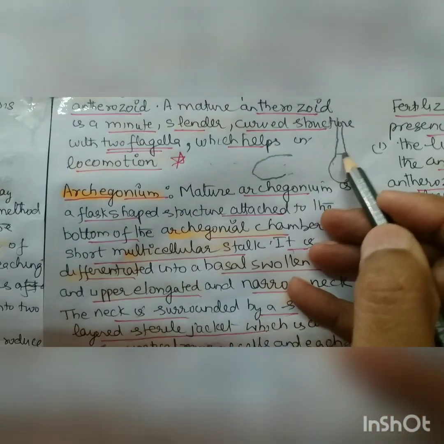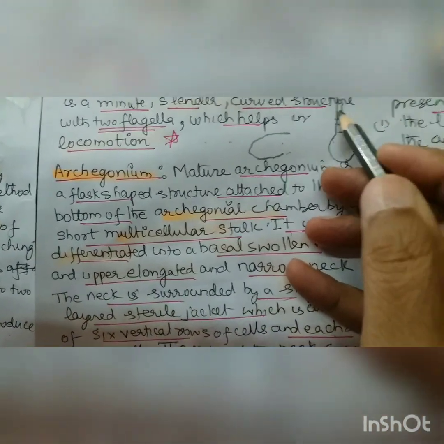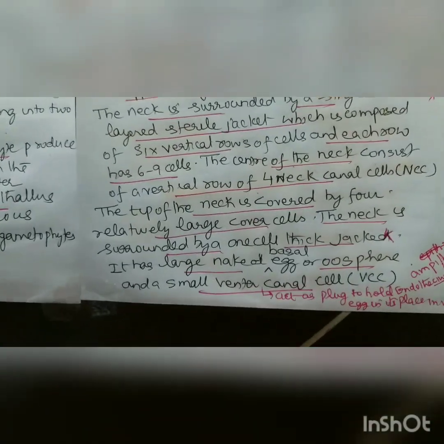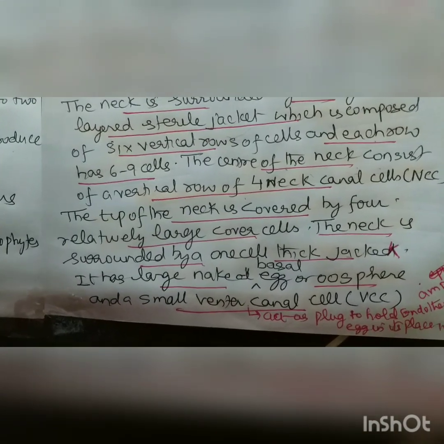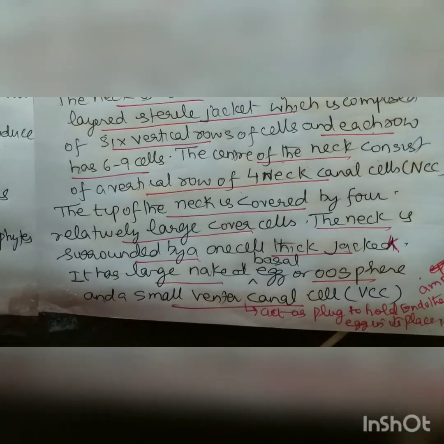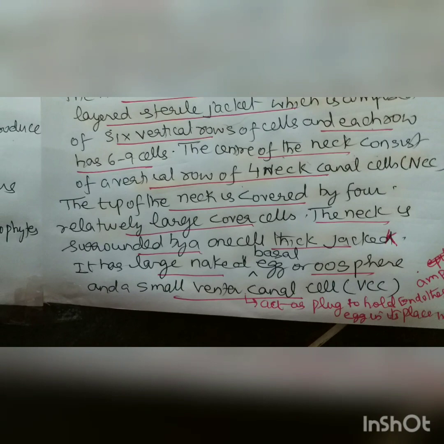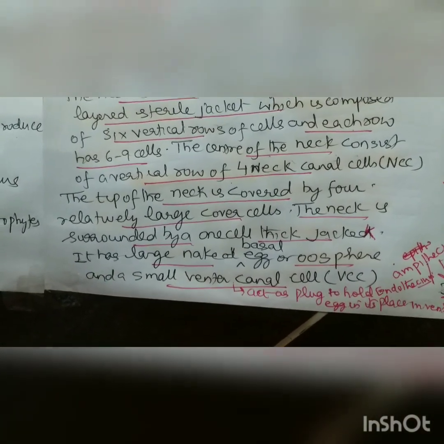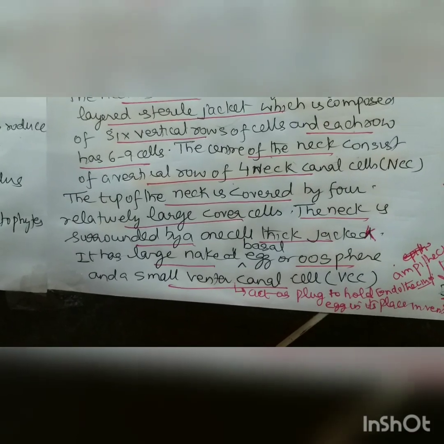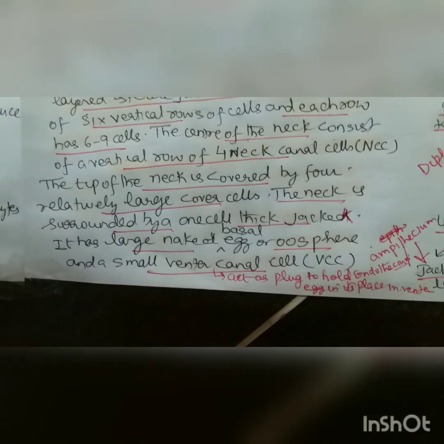The center of the neck has 4 neck canal cells, 1, 2, 3 and 4, which we also call NCC. The tip of the neck is covered by 4 relatively large cover cells. The neck is surrounded by a 1 cell thick jacket. It has a large naked basal oosphere or egg and a small ventral canal cell.